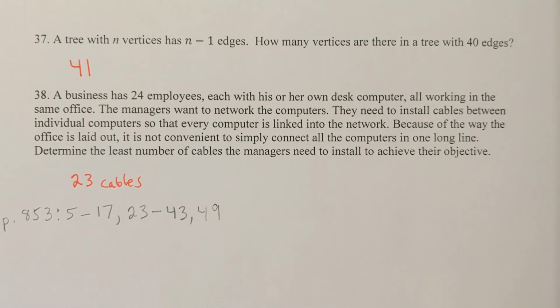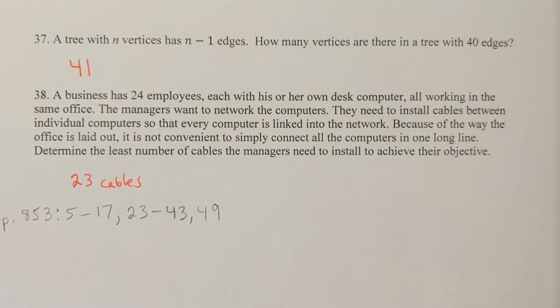Because of the way that the office is laid out, it is not convenient to simply connect all the computers in one long line. Determine the least number of cables the managers need to install to achieve their objective.